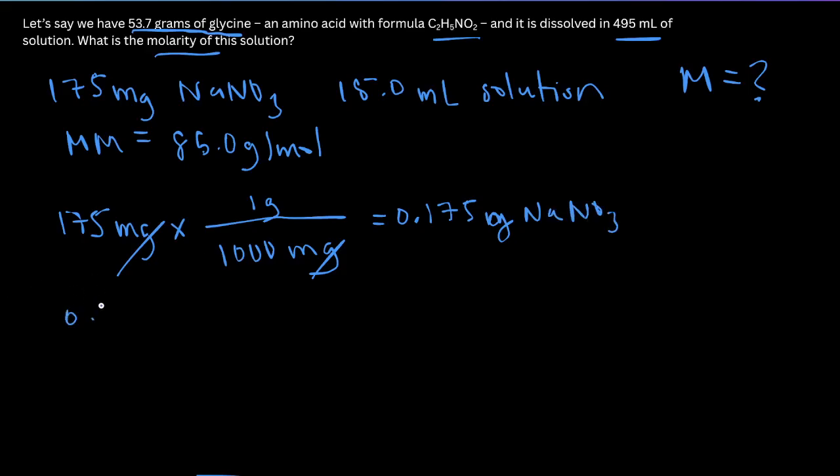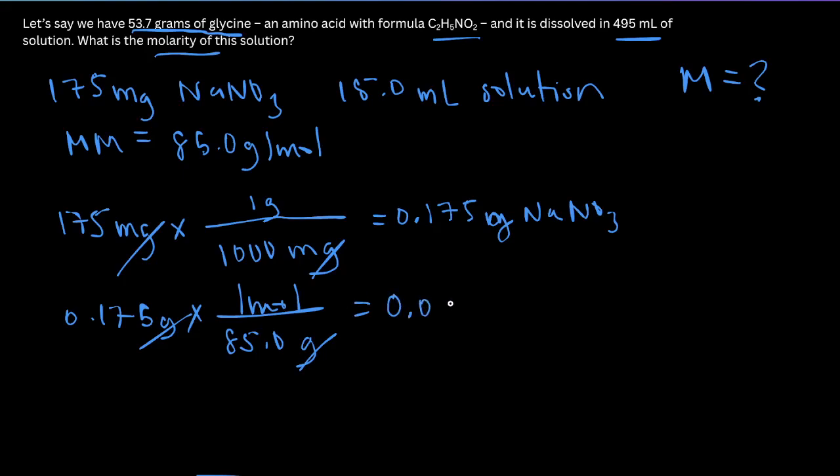Now, you take this 0.175 grams, divide by our molar mass, which then will tell us that we have about 0.00206 moles of sodium nitrate. And just notice that I am labeling every place that I can, just so we don't get confused. We're dealing with a lot of numbers here and a lot of units. It's important that we realize which number is in what unit.